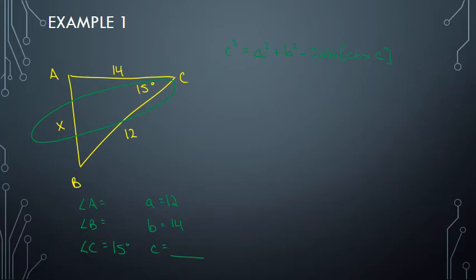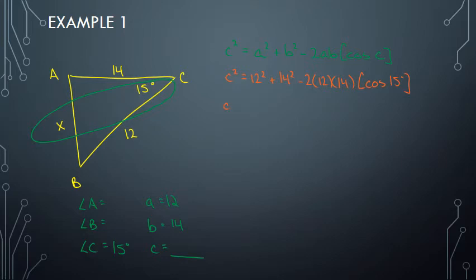I think it might show up a bit better. Okay, so C squared equals 12 squared plus 14 squared minus 2 times the A value, which is 12, then 14, because that's the B value, cos the C angle, which is 15 degrees.